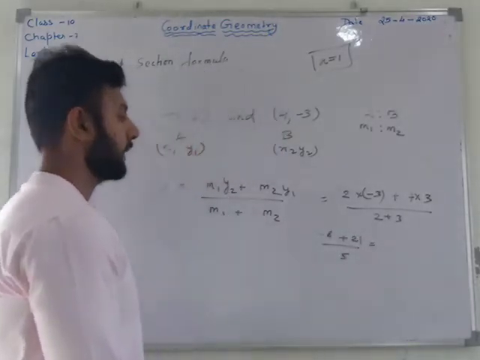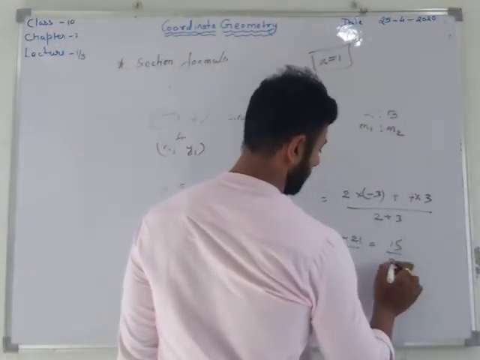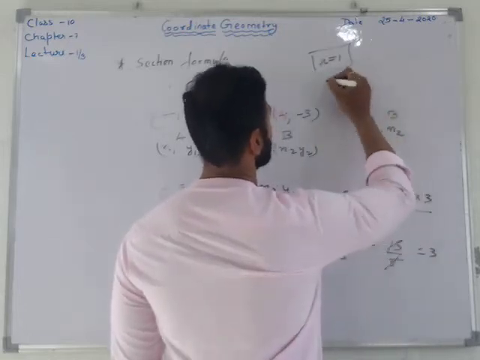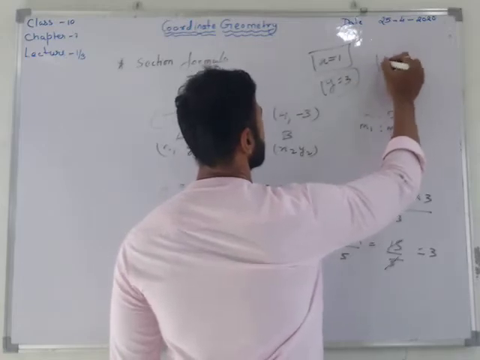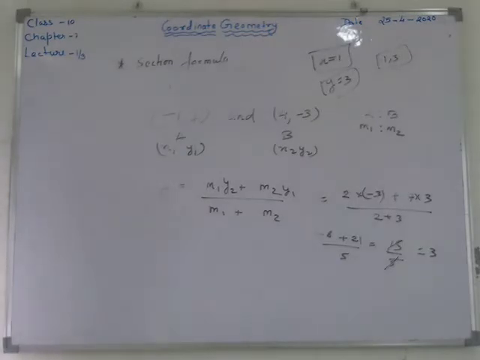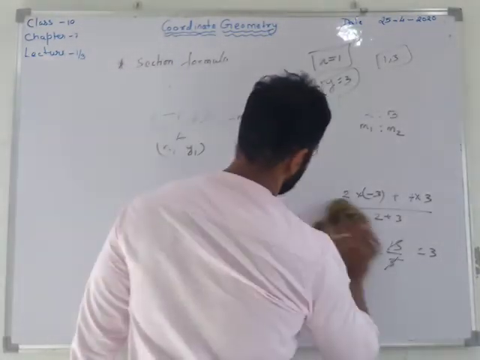Solving this, we get 15 by 5, which is 3. So y is equal to 3. (1, 3) is the required point for the given question. Now let us move to the next question.